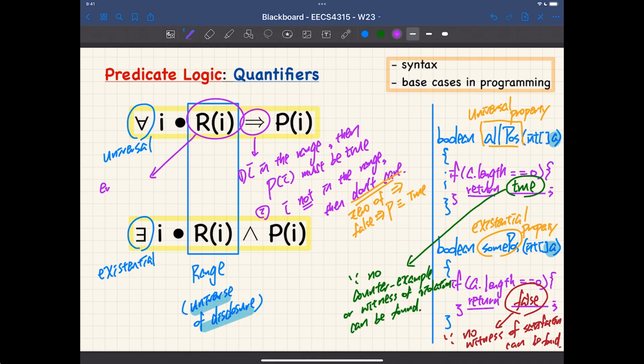Think about empty array means R of I is simply just false. This would mean false implies anything will just be true. So the true here really corresponds to the true over here.